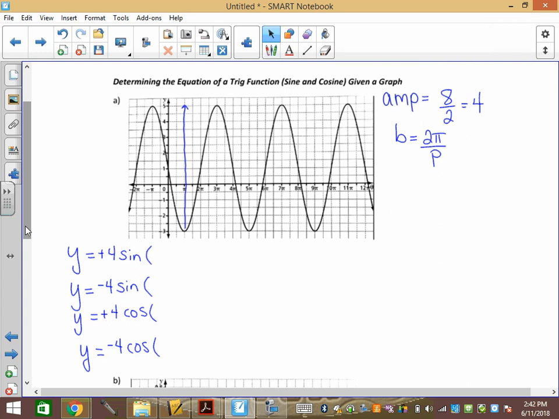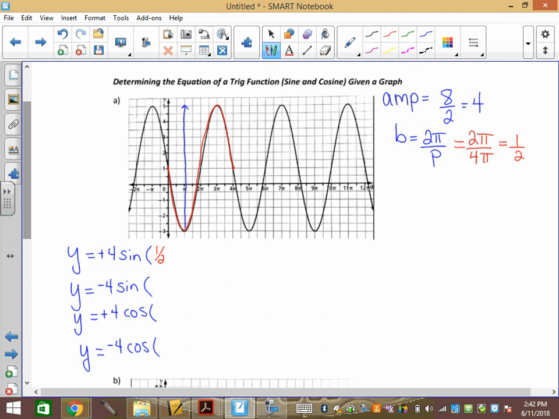So you could count from max to max, you could count from min to min, or I'm going to count from the y-axis, past to min, past to max, back to that same height, which is 4 pi. You're correct. So it's 2 pi divided by 4 pi, which is a half. So for every single one of these equations, I'm going to have a half x something, a half, bracket x something, a half.